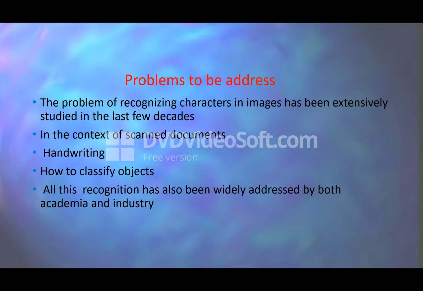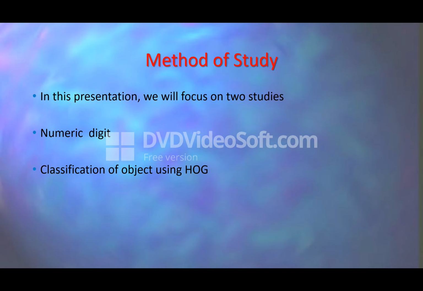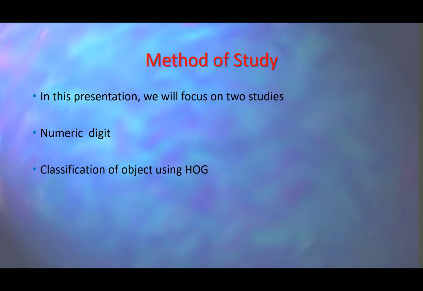For this presentation, we're going to focus on two studies. The first one is numeric digits. Under numeric digits, like we talked about in the previous slide, we're going to take you through how we can classify handwritten digits using HOG, how we can classify digits on scanned documents using HOG, and also how we can classify the various digits on a license number plate using HOG.